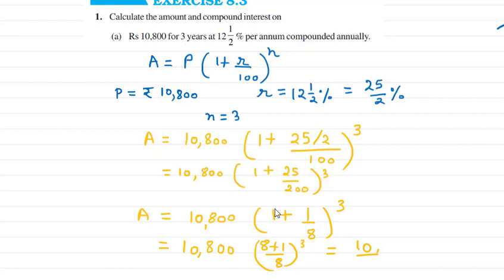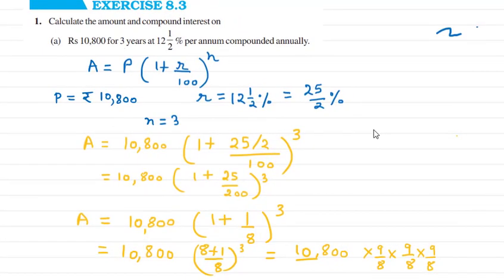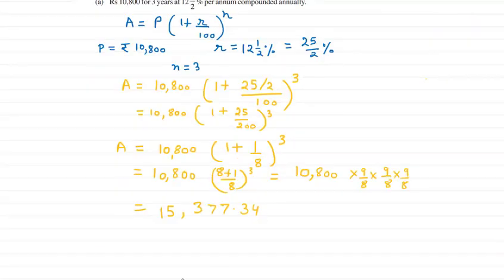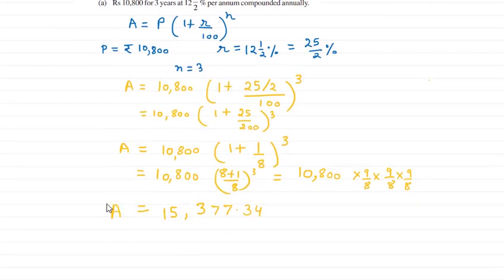Here we will get 10,800 into 9/8, and you can write it 3 times, so 9/8 into 9/8 into 9/8. After calculating you will get 15,377.34 rupees. So this will be your amount.